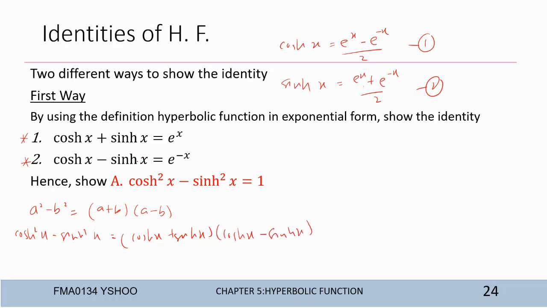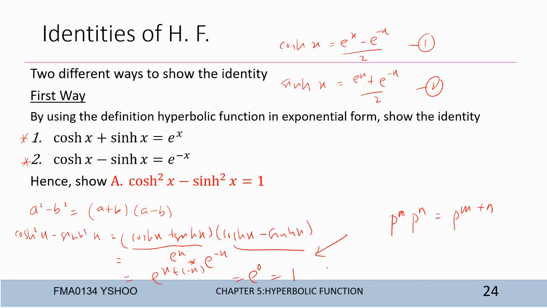So what is cosh x plus sinh x? From our star A, this is e^x, and then multiplied with the second one, cosh x minus sinh x, from star 2, which is e^(-x). By the algebra of indices, p^m times p^n is p^(m plus n), so we have e^(x minus x), which is e^0, which is 1.